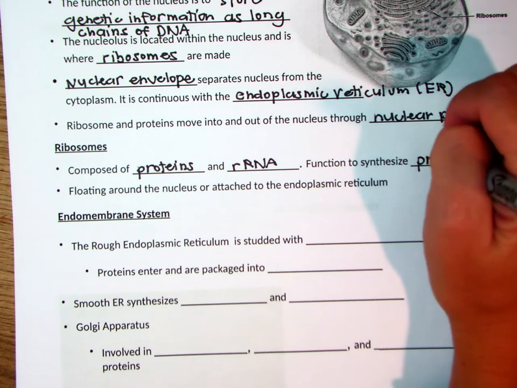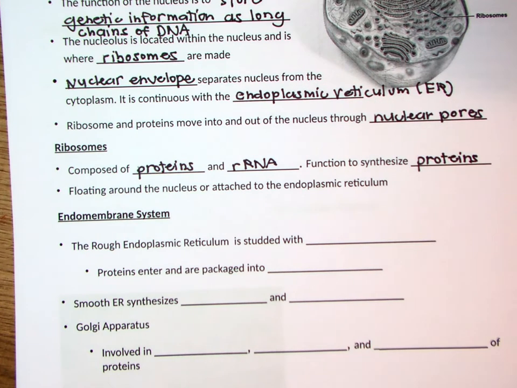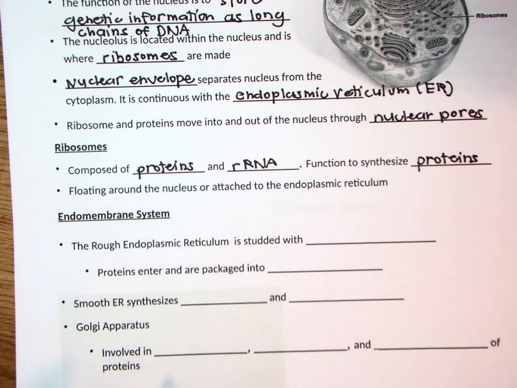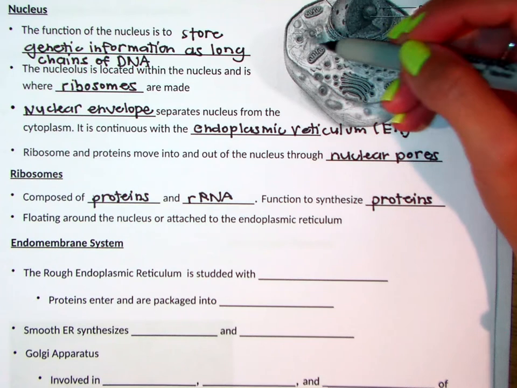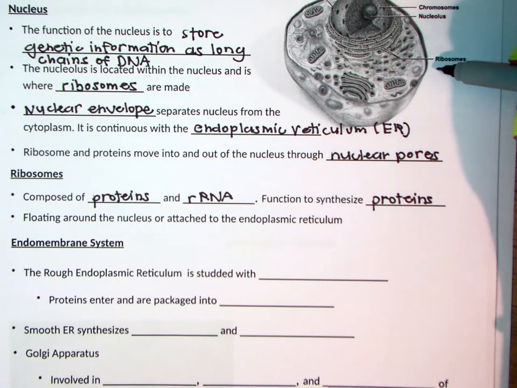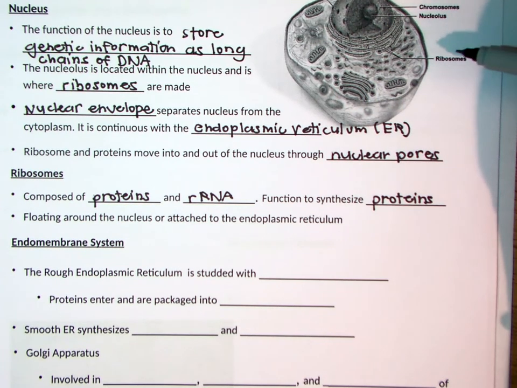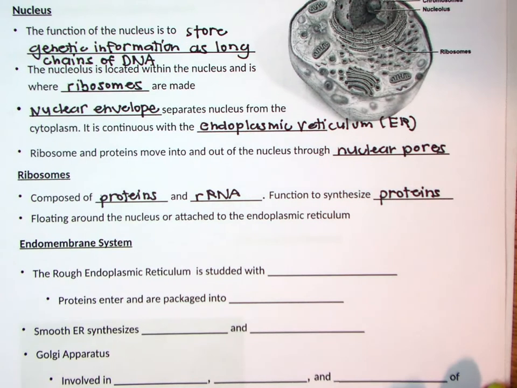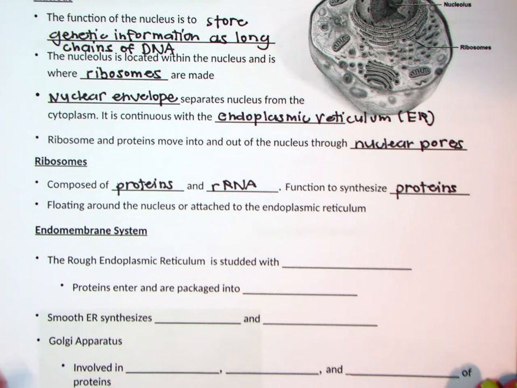So it makes proteins, so they're kind of a big deal, they're important, and they are floating around the nucleus or attached to the endoplasmic reticulum, which we're getting to in just a second. So there are ribosomes just kind of around in the cytoplasm, and then they're also attached to what we call the rough ER here, the rough endoplasmic reticulum.